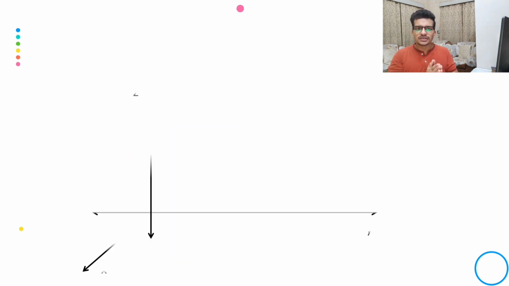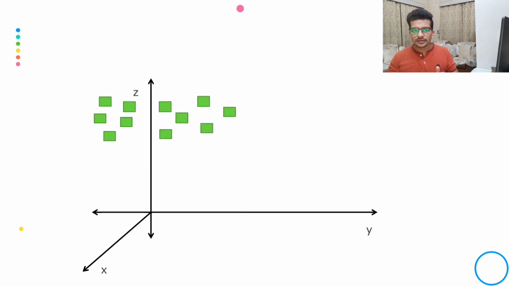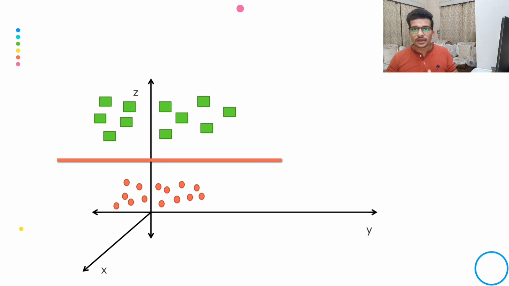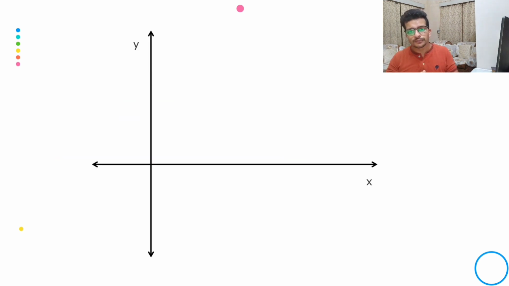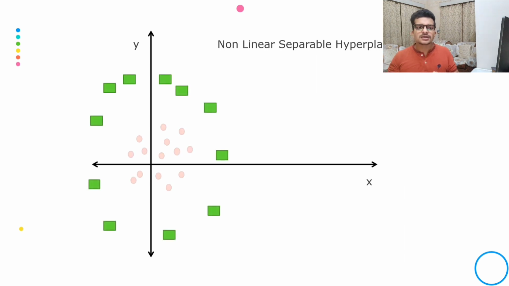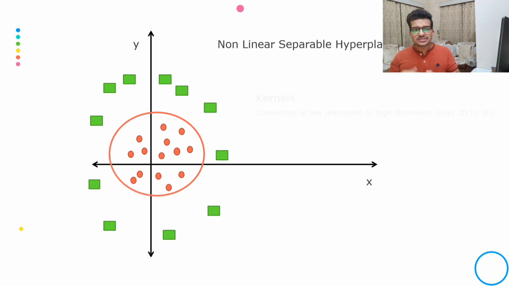Now, if we plot this in a YZ plane, a clear separation is visible and a hyperplane can be drawn. And when we transform this line back into its original plane, it maps a circular boundary. These transformations are called kernels, where we convert low dimensions into high dimensions. Like here, we converted a 2-dimensional plane to a 3-dimensional plane.